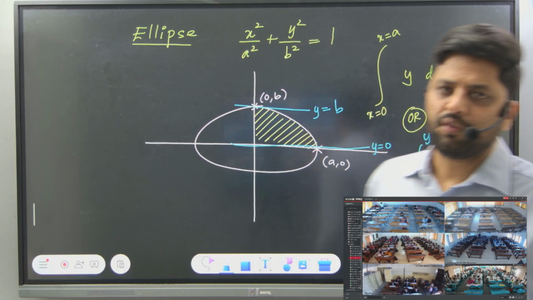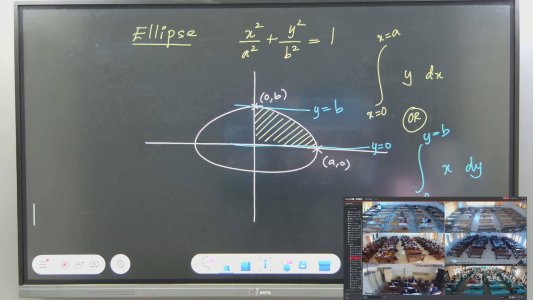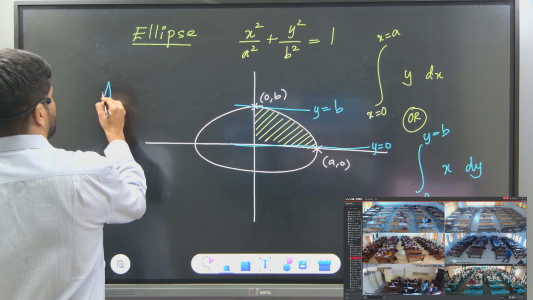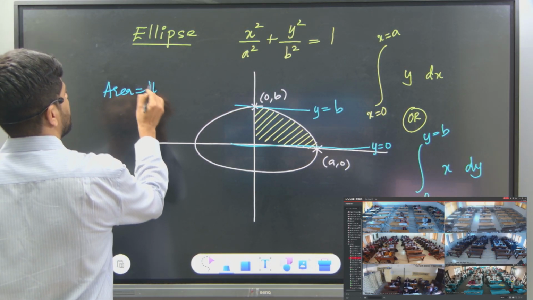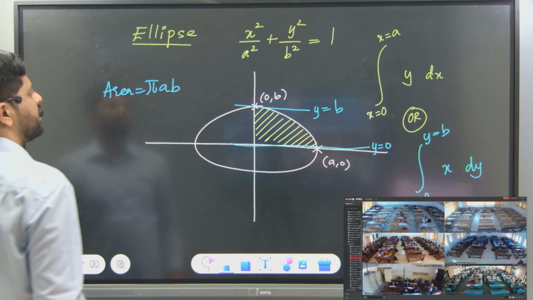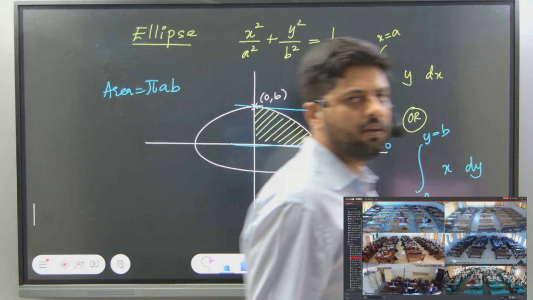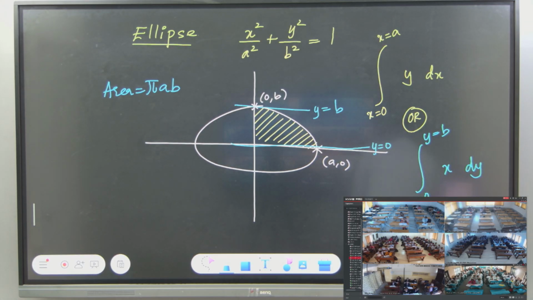But for an ellipse, we have a direct formula, and the direct formula is pi into a into b. Area is going to be equal to pi ab. So let us take an example.